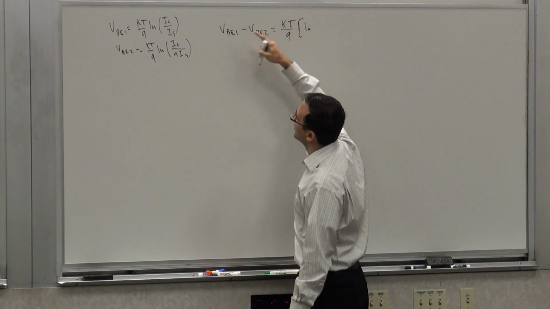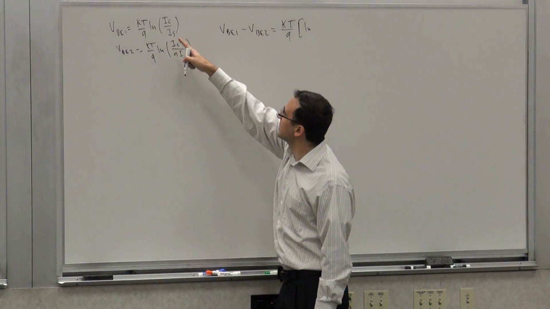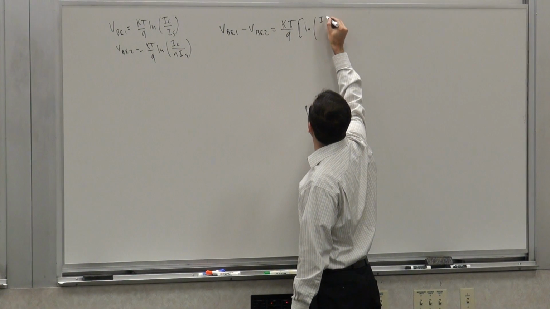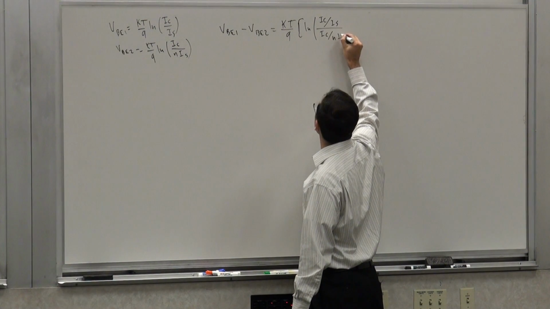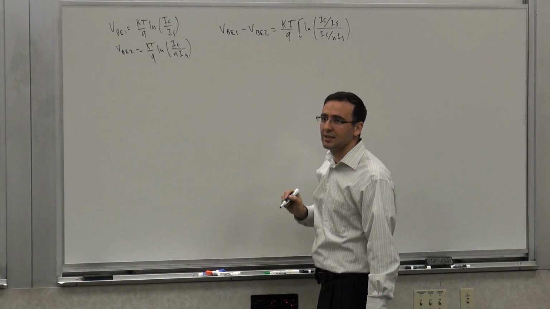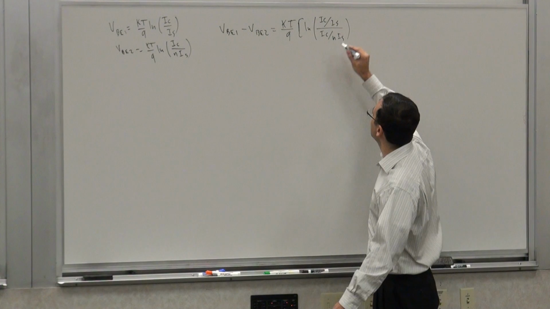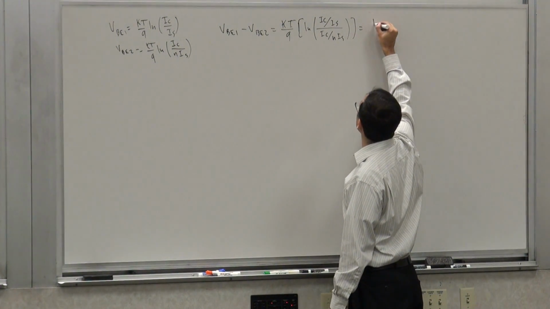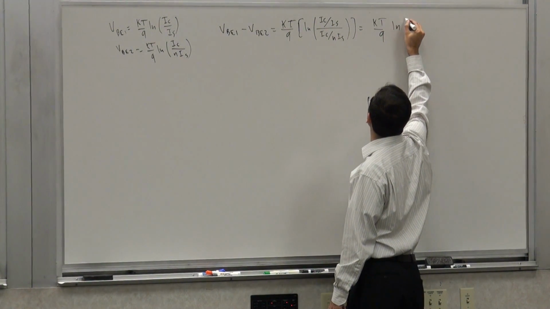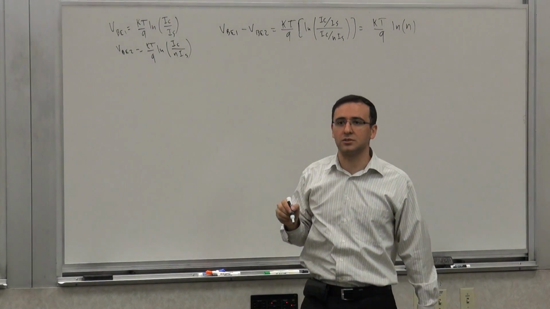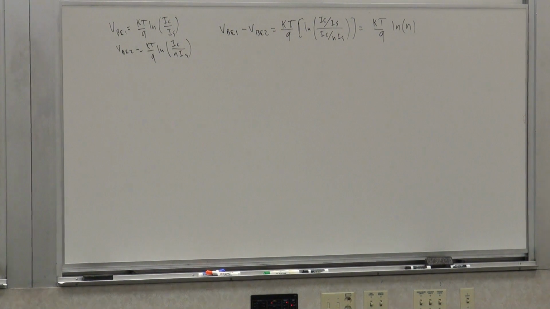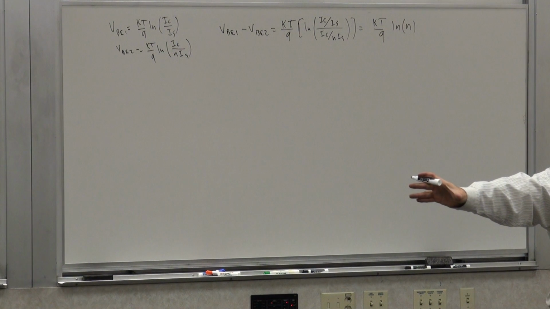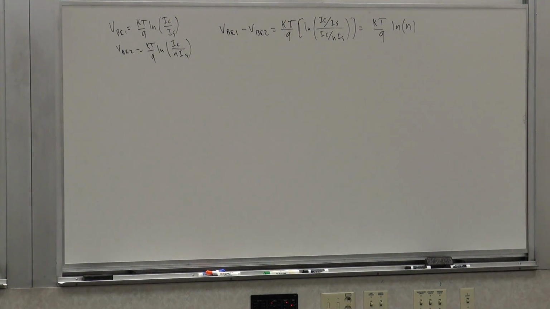So it's natural log, this log minus that log, which is basically the ratio of those two arguments: IC over IS divided by IC over NIS. And if I force them to have the same current, that term also cancels. So everything cancels here. I'm left with KT over Q, natural log of N, which is the ratio of the sizes of the transistors. It's a good thing, ratio of the sizes, right? Or you can make it the numbers. So you can have one transistor and then n transistors in parallel carrying the same current.